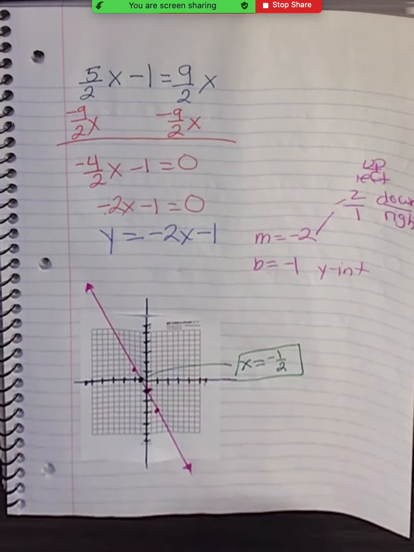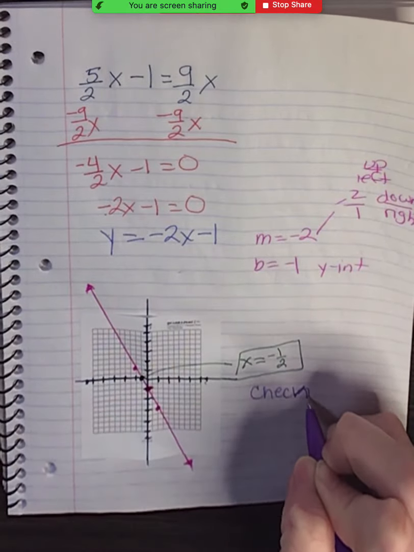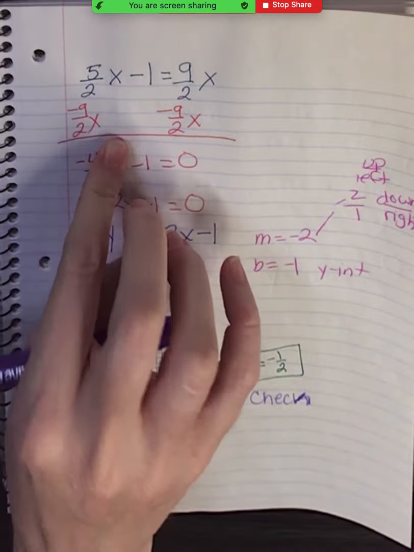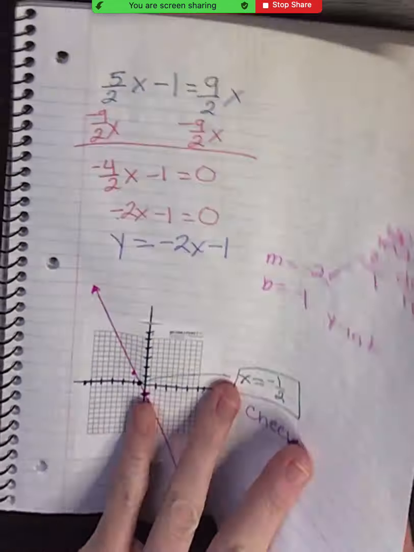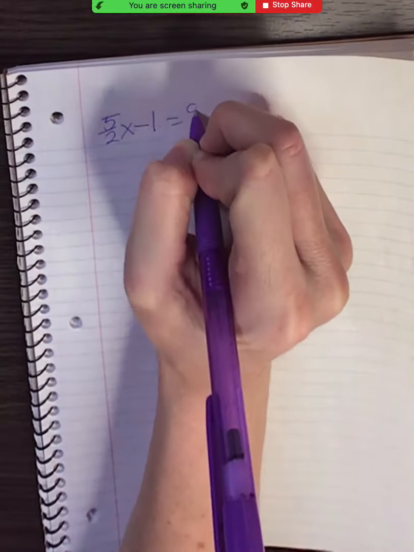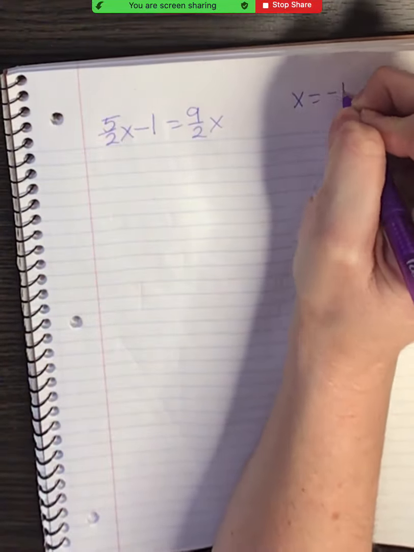In order to check, all I need to do is to take this value and plug it in for x. You could also solve algebraically. Okay, so I'm going to put the check over here. We have 5 over 2x minus 1 equals 9 over 2x. We get graphically that x should equal -1/2.